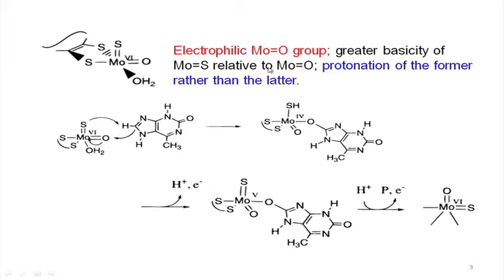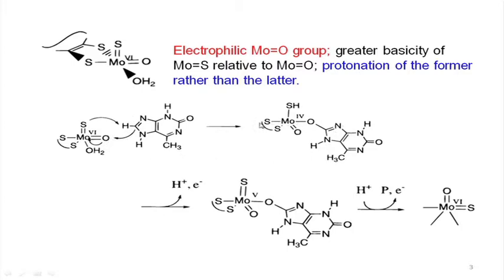We have seen that since Mo=S has higher basicity, it will have more affinity for this particular hydrogen, and this hydrogen is getting attached to this sulfur forming SH, and at the same time this oxygen is getting attracted by this corresponding carbon center which is nucleophilic in nature, and that nucleophilic carbon center will be attaching to this particular oxygen.